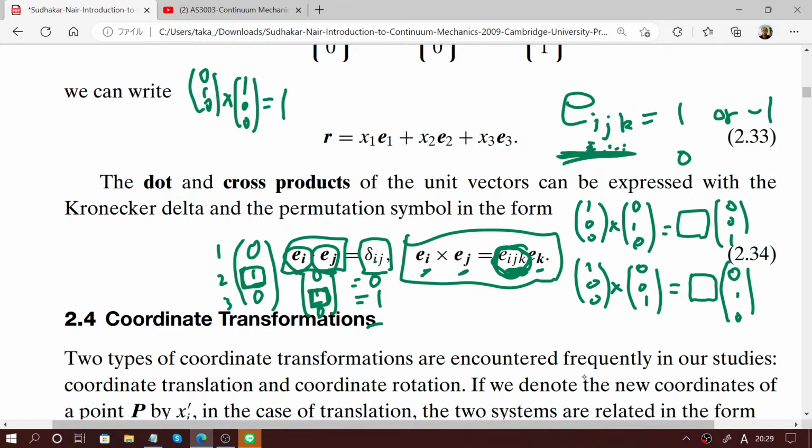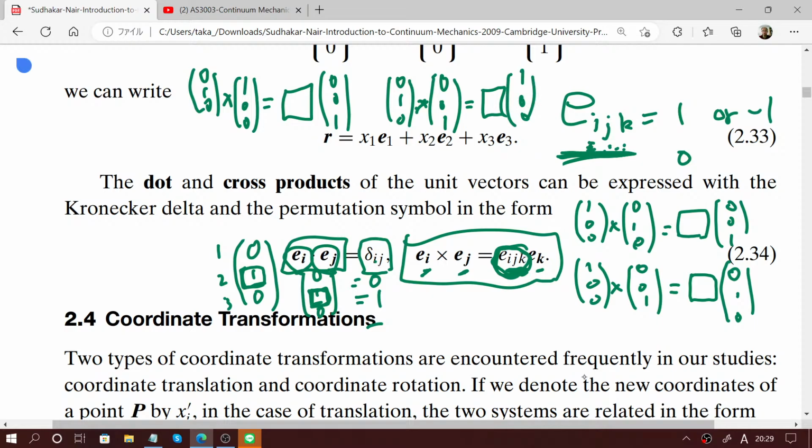Then you also have some factor times 0, 0, 1. And you have another one: 0, 1, 0 cross 0, 0, 1, for example. And you have some factor, then 1, 0, 0.